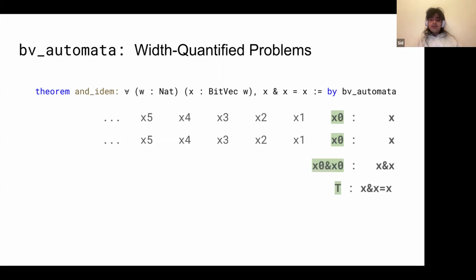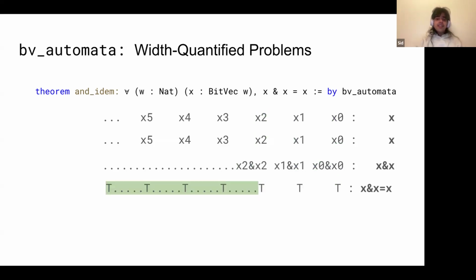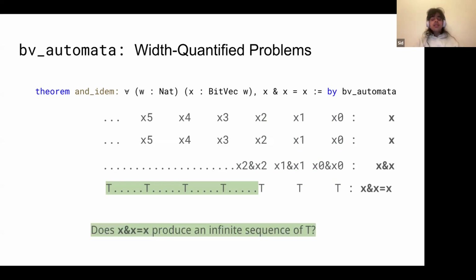And we know that at the 0th bit, because bitwise AND is idempotent, x and x does indeed equal x. Then we can do the same check for the second bit and the third bit and so on. And so we convert the problem of checking whether bitwise AND is idempotent into checking whether this other sequence is always going to be true.